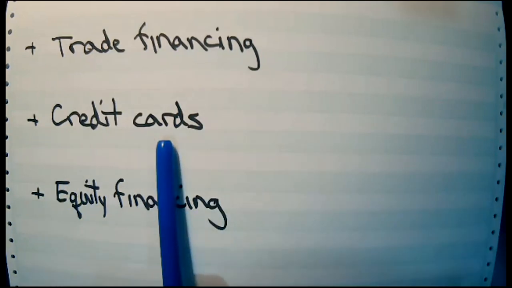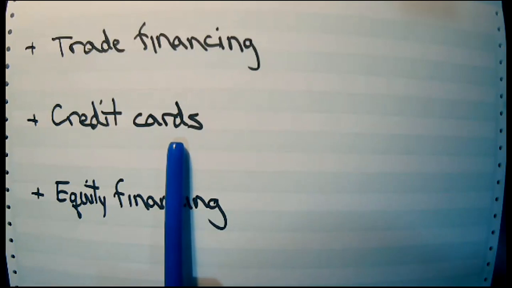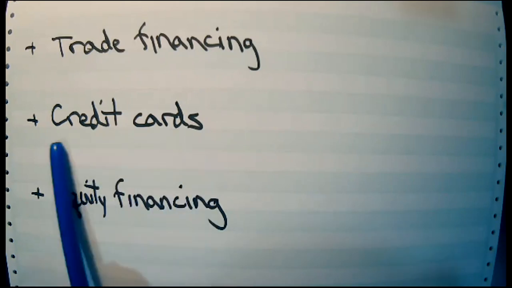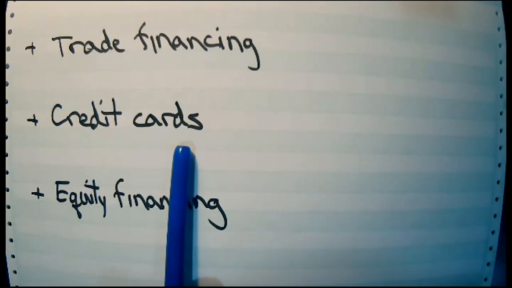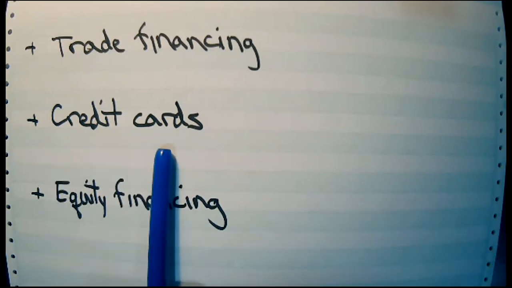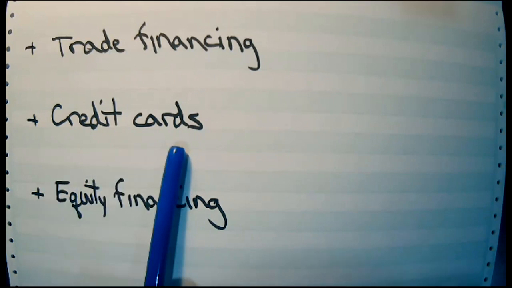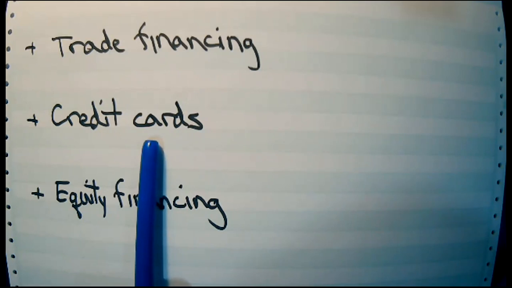Trade financing. You can use credit cards. Credit cards are not evil, but they can become an incredible burden on you if you don't pay those off every month. Because once you don't pay them off and you're charged the interest rate for credit cards, that can be quite high.